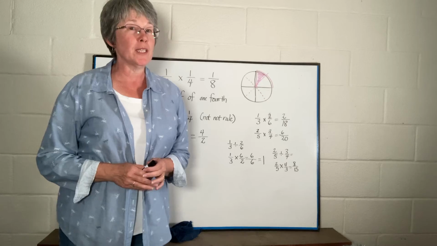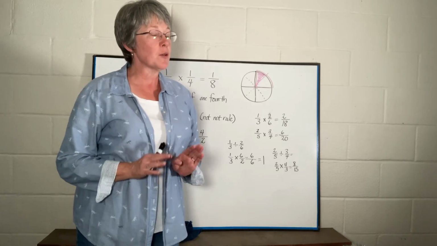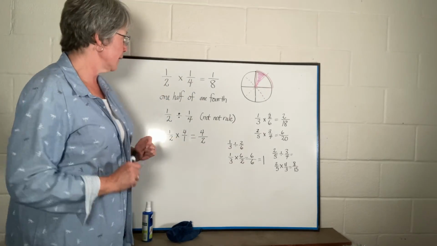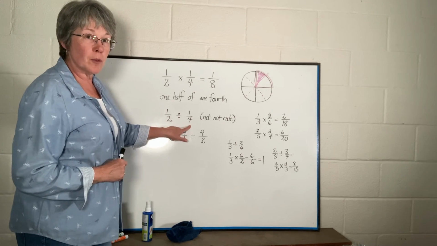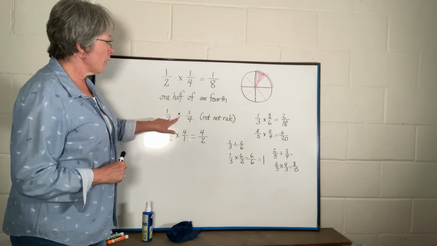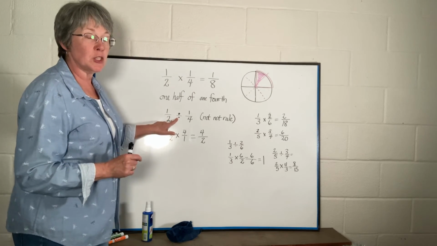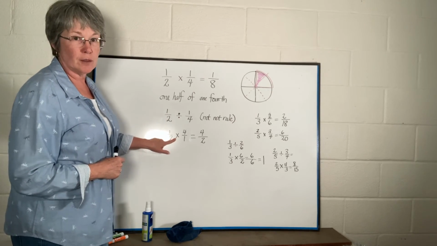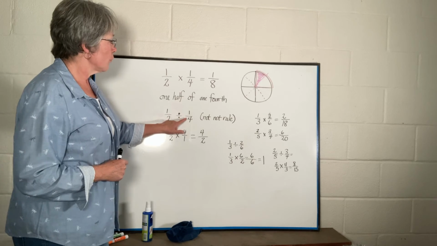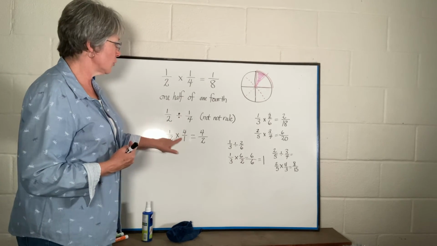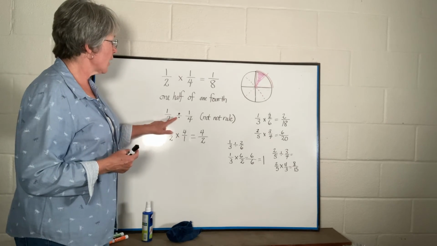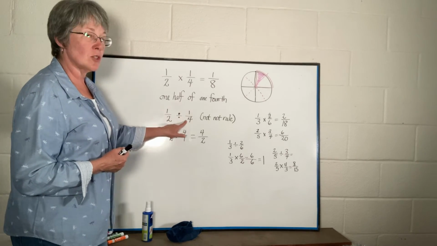Okay, I had some questions about the not rule. That wasn't extremely clear. So let's go at it this way. When you ask these questions, what operation is not division? It's multiplication. What fraction is not 1/4 or its opposite? It's 4/1. So it's not division, and it's not this fraction.